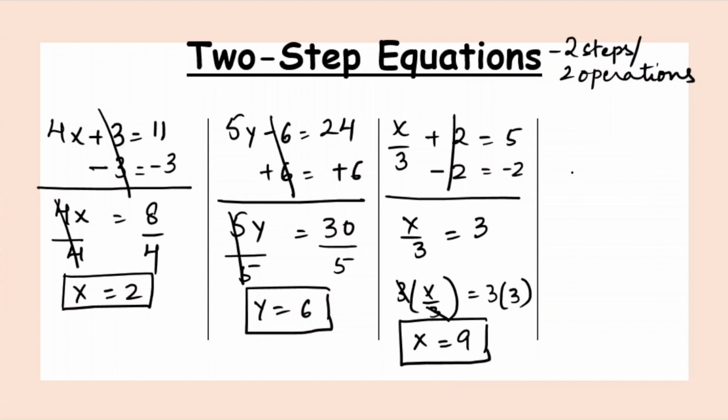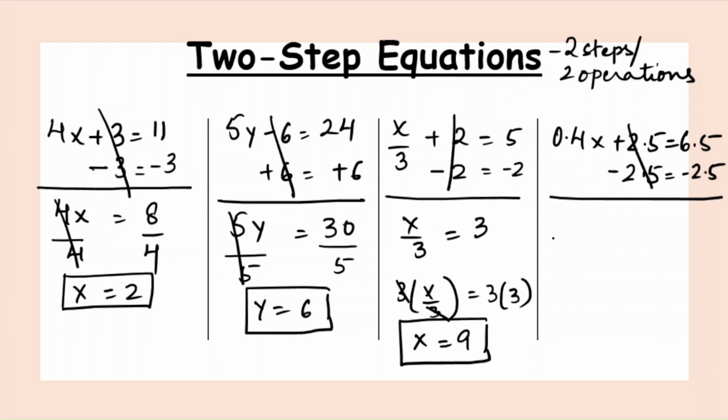Let's take one in which my numbers are decimals. So 0.4x plus 2.5 equals 6.5. I'll first eliminate plus 2.5. So minus 2.5, minus 2.5. 0. 0.4x equals 6.5 minus 2.5, which is just 4, 4.0.